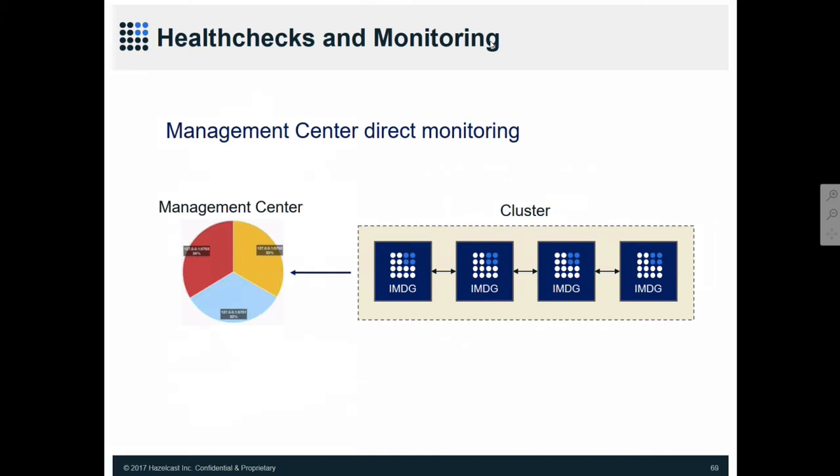And the way it works is the cluster will be configured to actually push the information to Management Center. For the reason that if the cluster is under high load and you would pull information, you would just increase the load on the cluster. So we want the Hazelcast cluster to do what it is designed for: offer access to the data and access to the operations, and the actual push mechanism is a low priority thread.